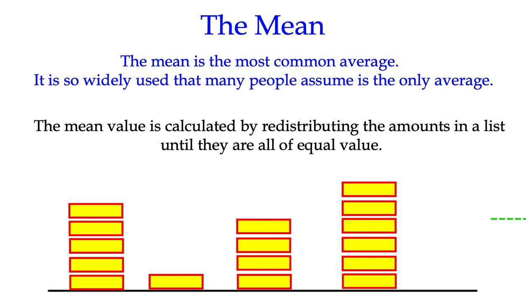There's five rectangles here, one here, four here, and six. Now you might know that to find the mean, you add them all up and divide by 4. So 5 and 1 is 6, and 4 is 10, and 6 is 16. And then divide by 4 is 4. So you might think that the mean is 4, and you would be correct.